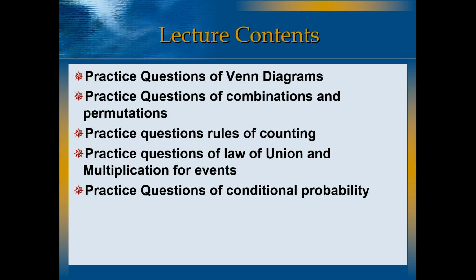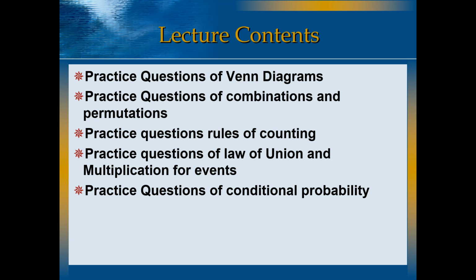So we will be discussing practice questions related to Venn diagram, combinations and permutations, rules of counting, and then practice questions for law of union and multiplication of events, and then practice questions for conditional probability.